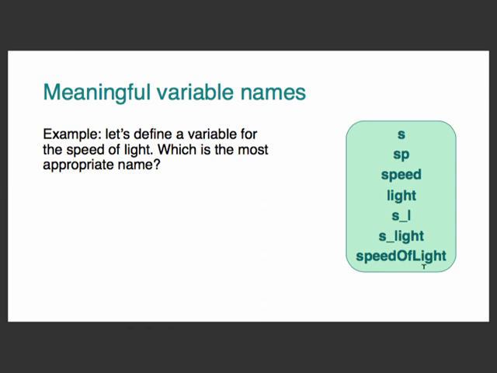There's no confusion there. Maybe in the context of a program that's talking about speeds, something like this may be okay from the context. But something like this is always going to be okay. It's always clear what it means.